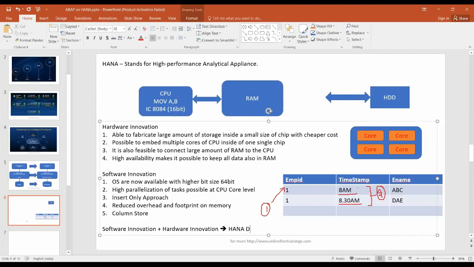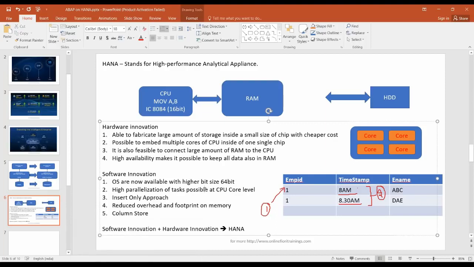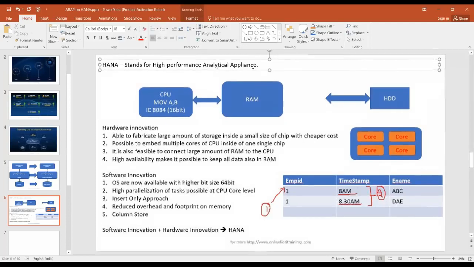We call it an appliance. This is why it is called an appliance, guys, because this is not just software. It's not a normal database like Oracle database. Here it's a software plus hardware innovation combined, and that's why HANA is called an appliance.